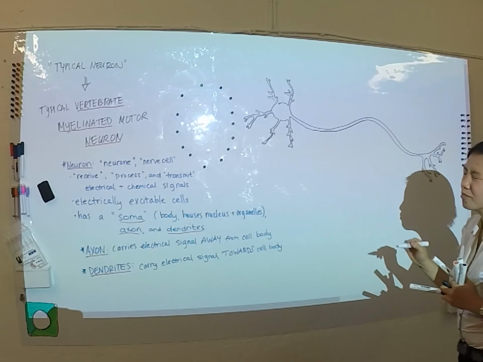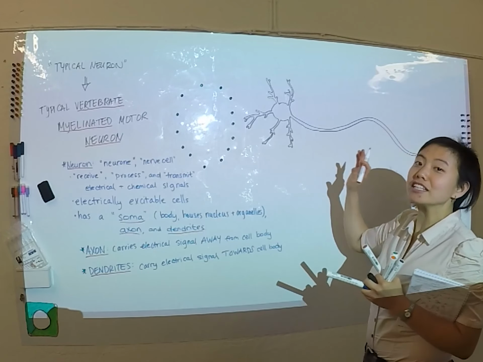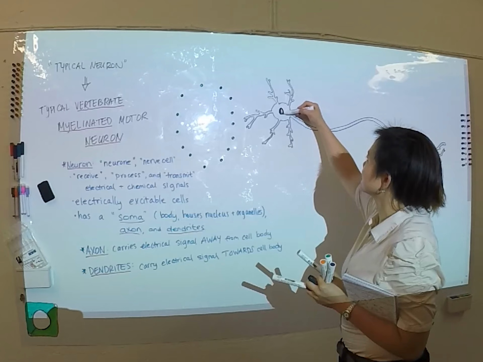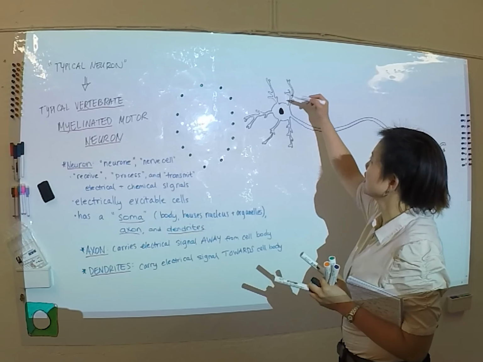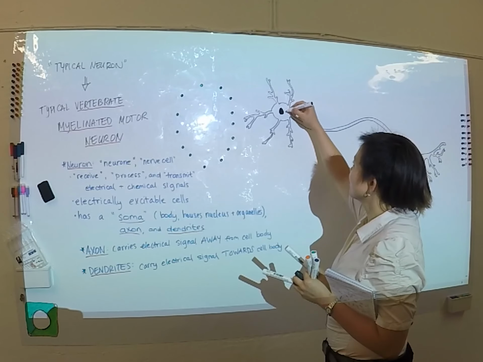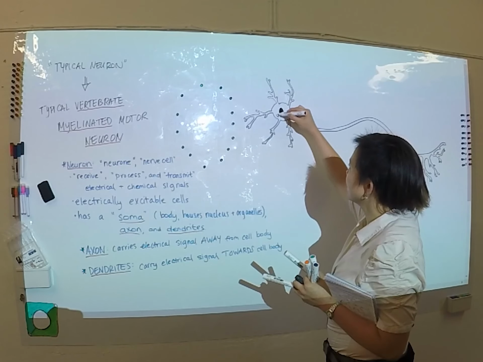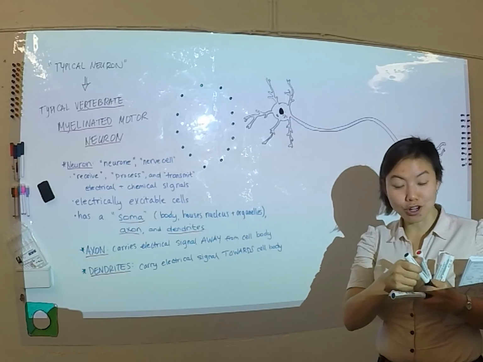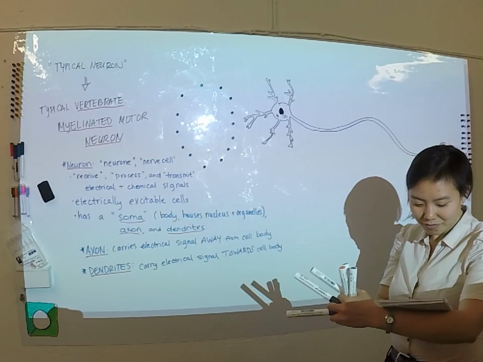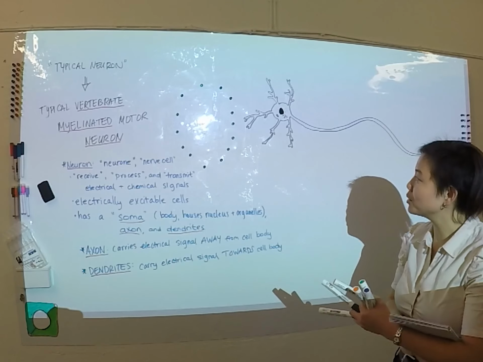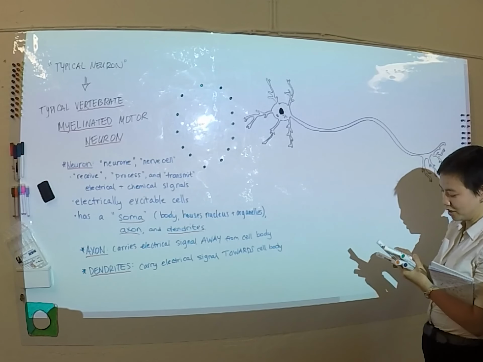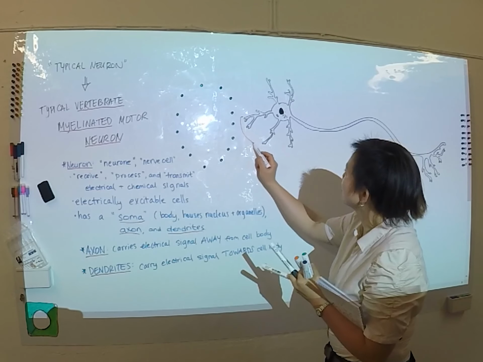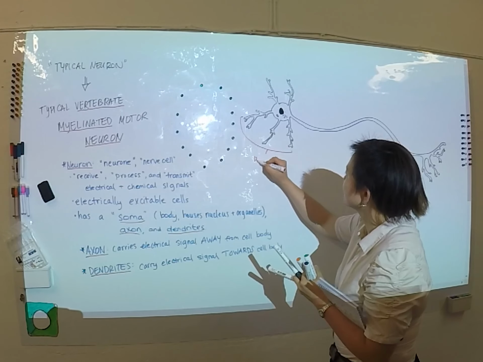All right. So here's a typical vertebrate myelinated motor neuron. So we're going to give it its nucleus. That's how we know that that is the cell body. Then there will be some organelles in there. Maybe you recognize some of these structures from your biology class. Okay, so let's label some of these parts. So we've got here some dendrites.